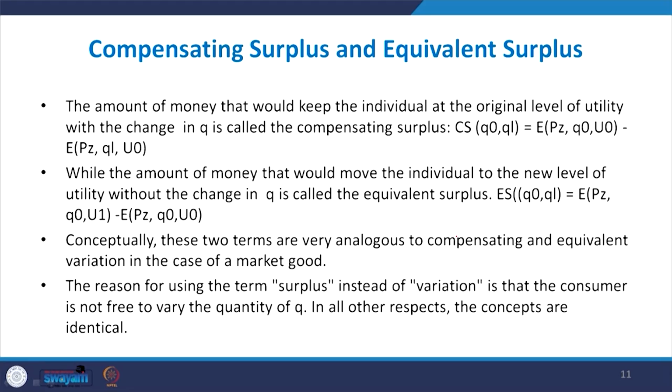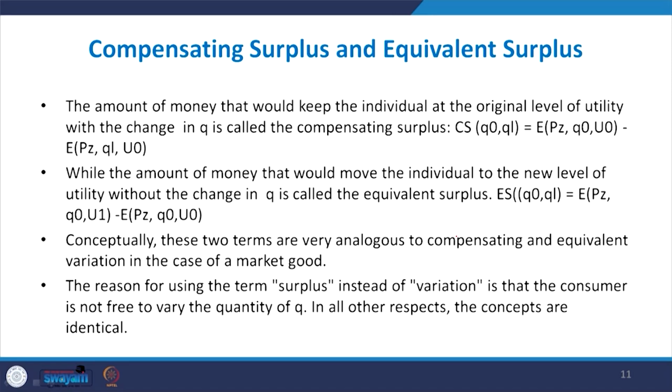So, the basic difference here is that in this case utility is changed. In the compensated surplus, utility is the same. So, given level of utility is the same, but Q is changed. But in this case utility is changed, but Q remains constant.